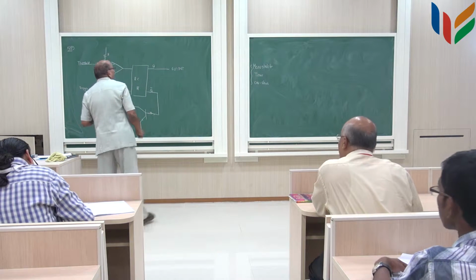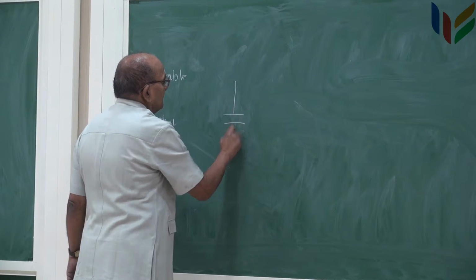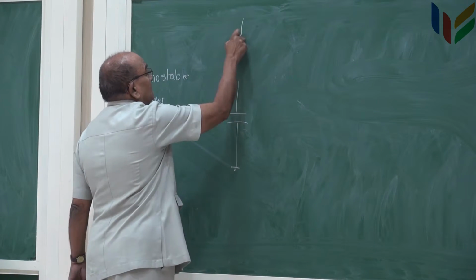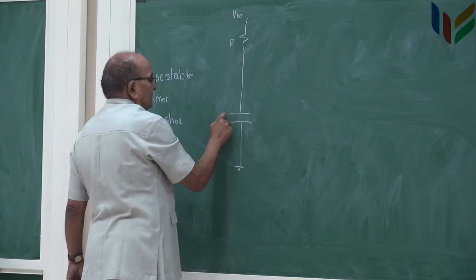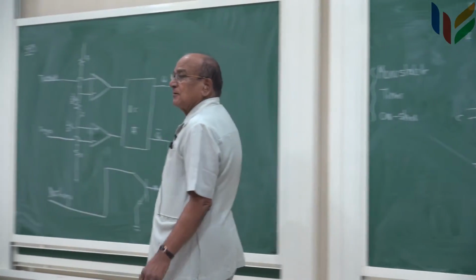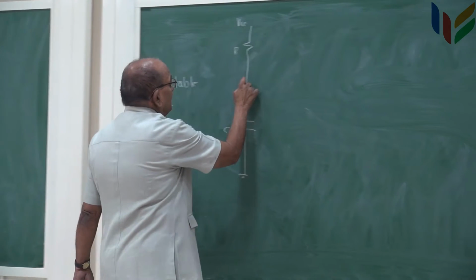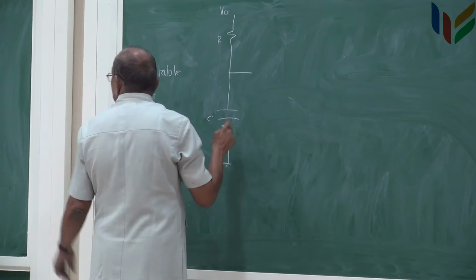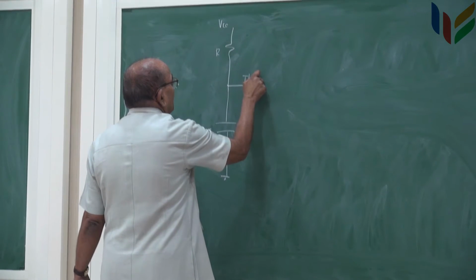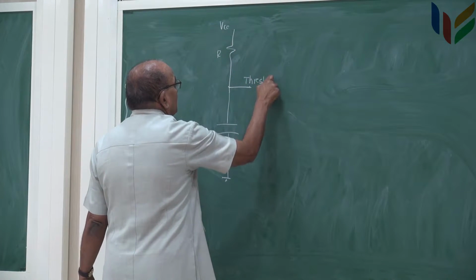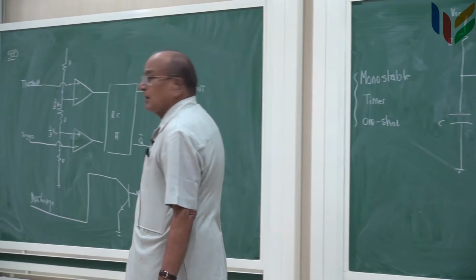Now you connect a capacitor and a resistor to VCC, external to this. Then you take the connected terminal, the capacitor terminal, and this voltage, the so-called threshold voltage, goes to the threshold terminal of the NE555.